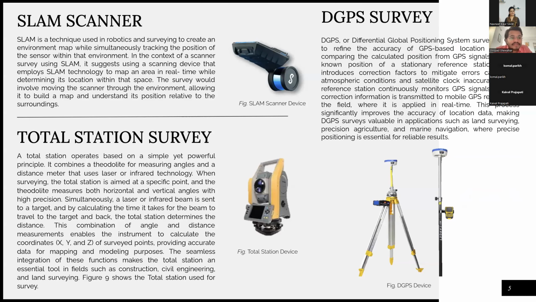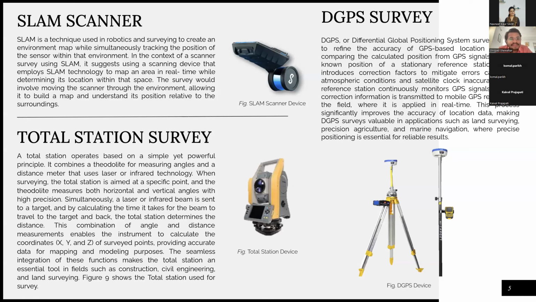The next device would be the SLAM scanner. It's a technique used in robotics and surveying to create a map of the environment while simultaneously tracking the position of the sensor within that environment. In this device, it usually creates an AR kind of view, like you can imagine the whole environment using this device after the scanning.